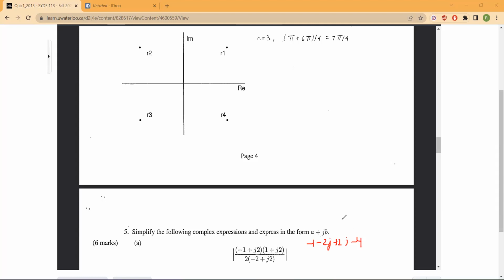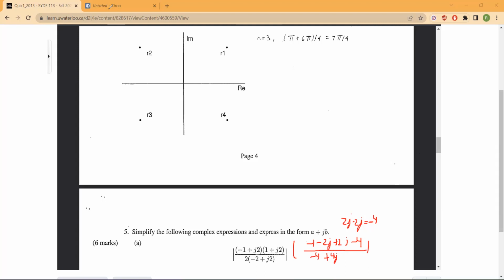The way I got -4 is because, just for everybody who might be confused, j and i are the same thing. 2j times 2j: j squared is -1, so it's negative, and 2 times 2 is 4, so it's -4. That's how I got over here. Then that's divided by 2 times -2, which is -4, plus 4j. And all of this, let's not forget, is absolute value.